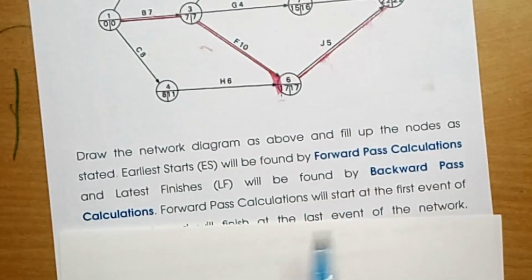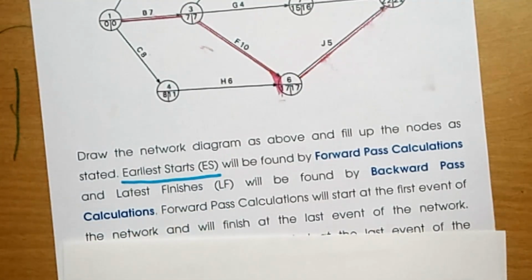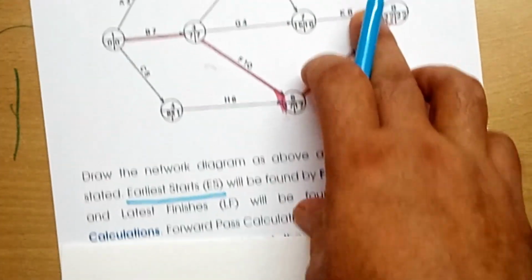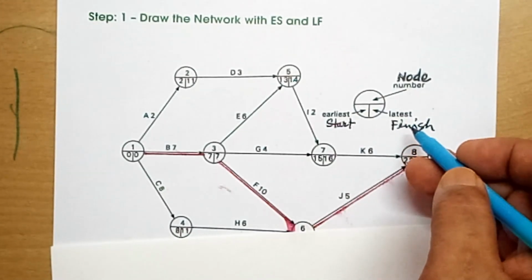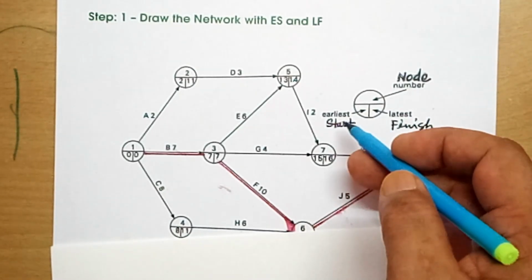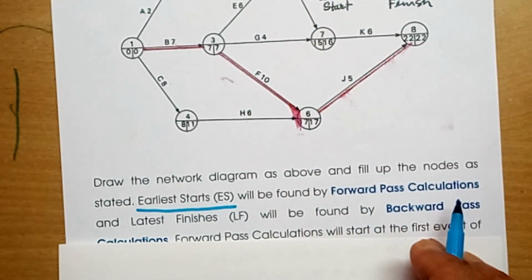So by forward pass calculation, you try to find out earliest start. Earliest start of every node. Every node has earliest start and latest finish, right? To find out earliest start, you apply which method? Forward pass method.